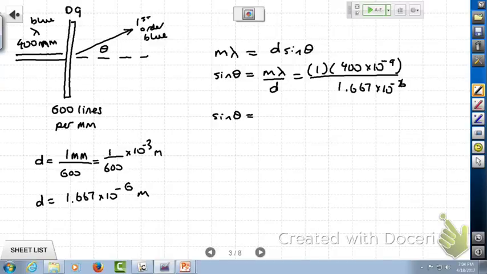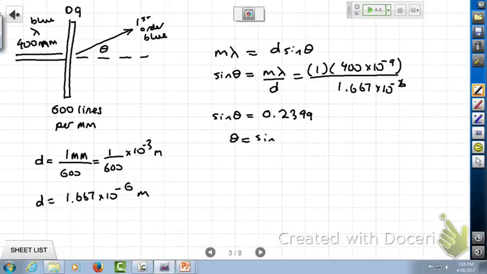So sine theta is equal to 400 second EE to the minus 9, enter, divided by 1.667 second EE minus 6, enter. That's 0.2399.